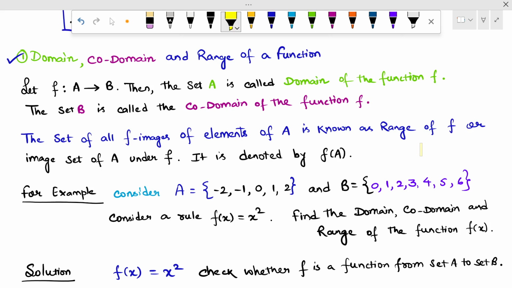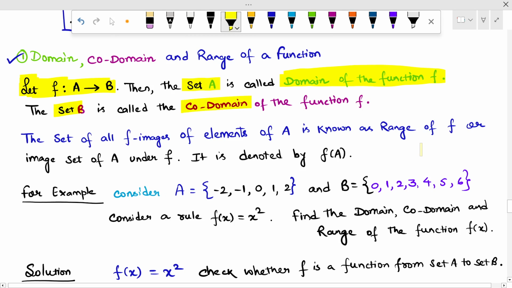Let us move on to our topic. Let f be a function from A to B, then the set A is called the domain of the function f, right? And this set B is called the codomain of the function f.